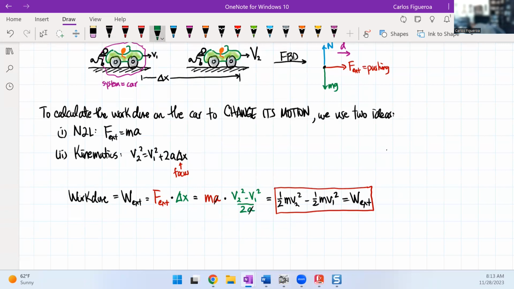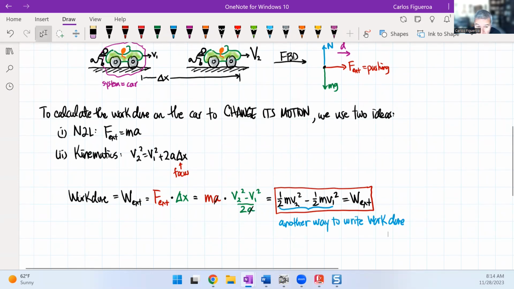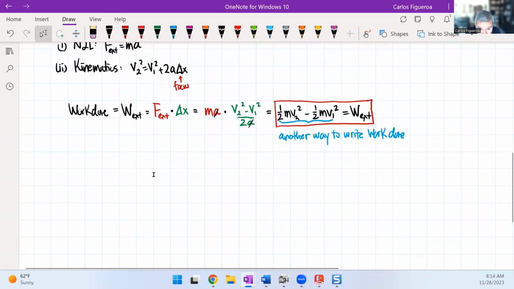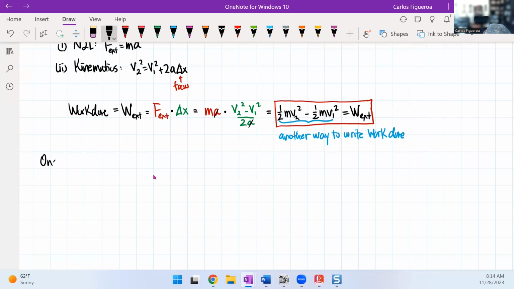Once again, look at this term right here. This is another way to write work done. Because we are changing the motion of this thing, and it shows up quite often in mechanics and many other branches of physics, we want to write this term in a different language.